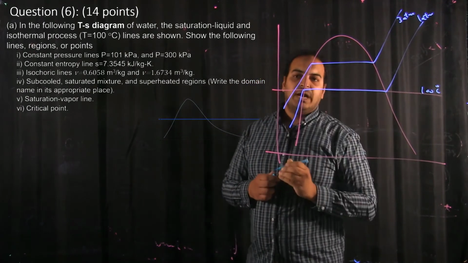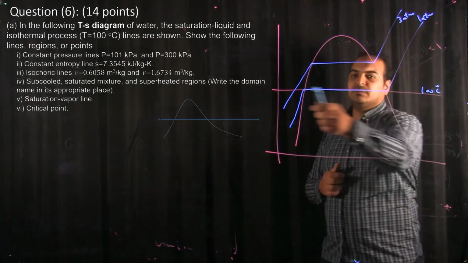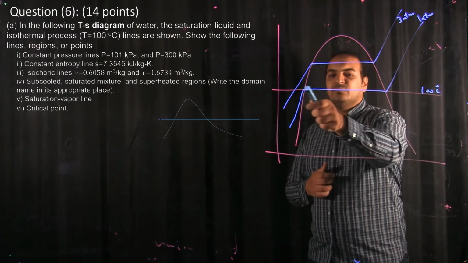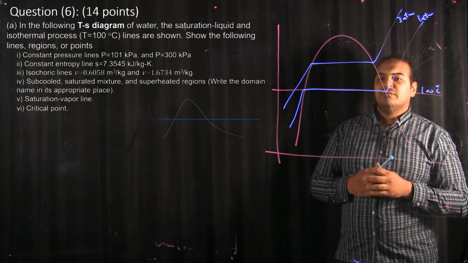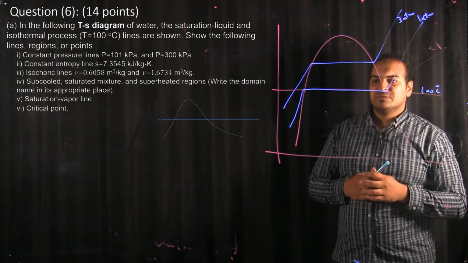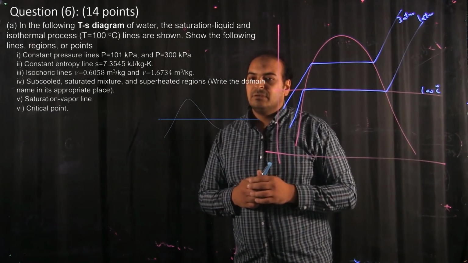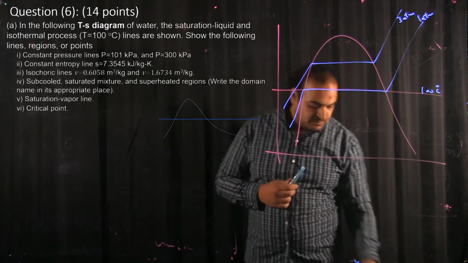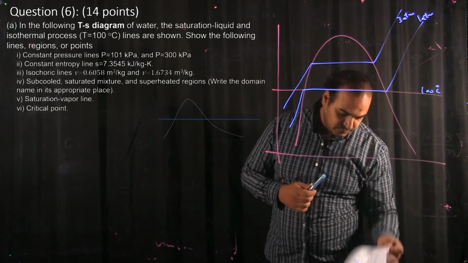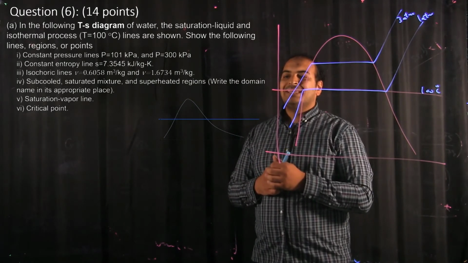Be careful. I also give grade for accuracy. If this is the 100 Celsius constant temperature line, of course the 1 atmosphere line should overlap it according to table A-4, saturated liquid. I wanted you to plot S equals 7. So this is the TS diagram, and you need to plot S equals 7.